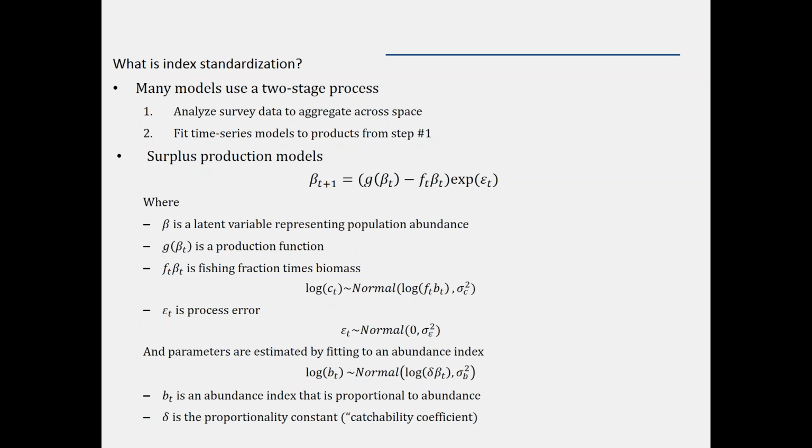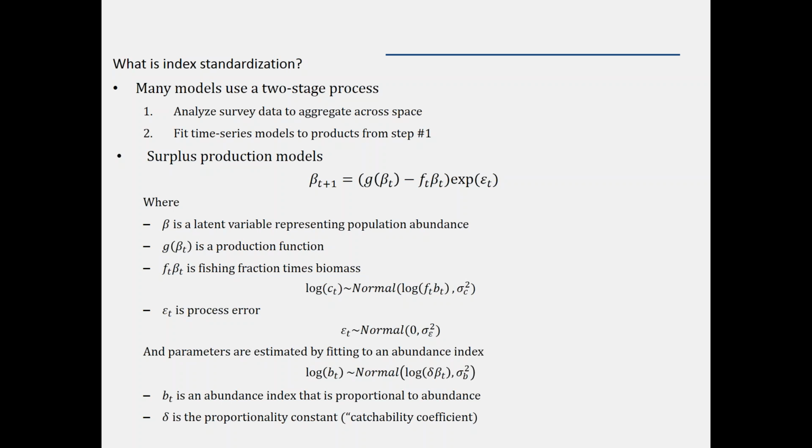We've got a production function G, like a Schaefer or Fox production function, that represents production of fish biomass in excess of natural mortality. Then we've got an exploitation rate, F, the fraction of biomass caught by fishing every year. And then we've got a process error, epsilon. Epsilon gets a normal distribution to make this a state-space model, and we can put a distribution on catch.